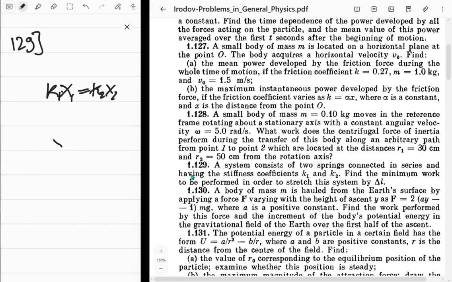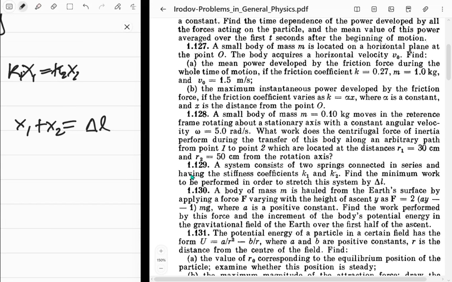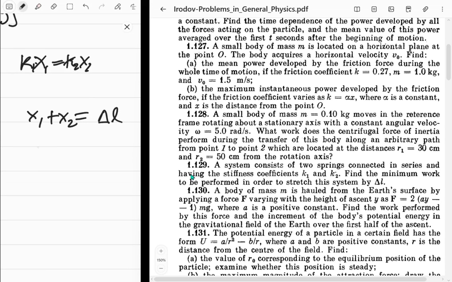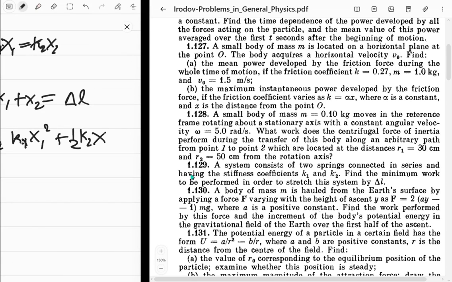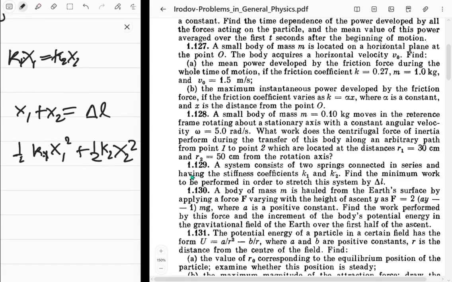Well, we know x1 plus x2 is basically delta L. And what we are looking for is the work, which is just half k1 x1 squared plus half k2 x2 squared. How do I get to that fast without doing anything?